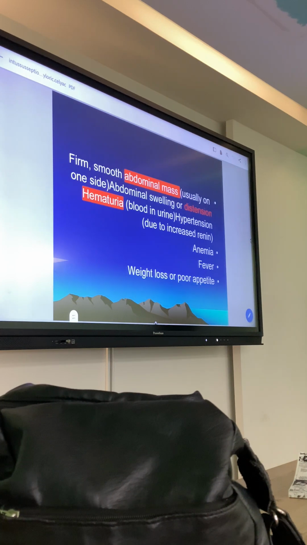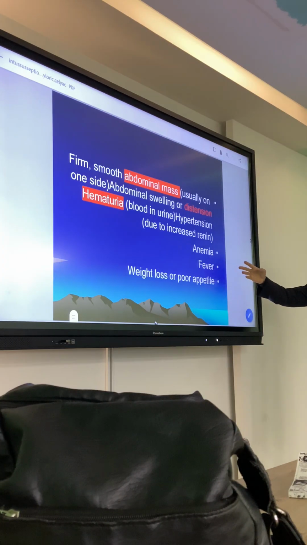And hematuria. Why hematuria? Because of the tumor. Maybe you have hematuria. Maybe you have an increase in renin. It's rare, but maybe anemia. Why anemia? Maybe hematuria, maybe that cancer led to anemia.